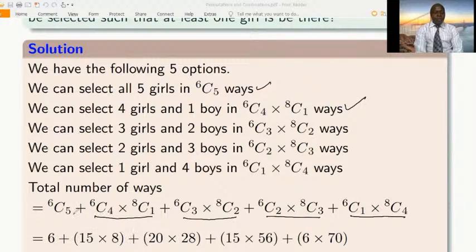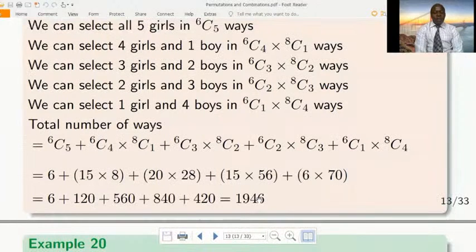You know how to perform these combinations. You have the formula. That is what you get. In fact, I've simplified it to give me 1946 as the required answer. What is important is just once you discover that the question involves combinations, then you can do it.